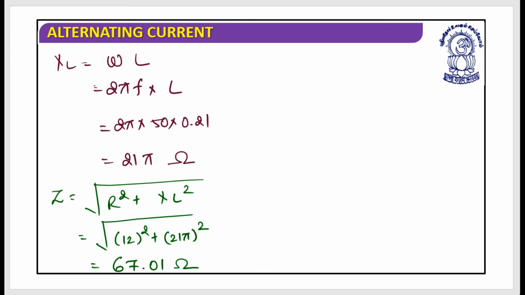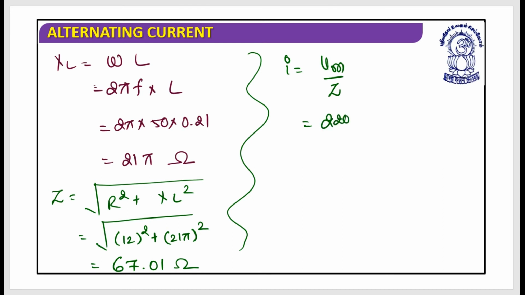So this is the Z. Now I can reach I, which equals Vm by Z. Vm is 220 and Z is 67.01, so I is approximately 3.28 ampere. I hope this is clear.